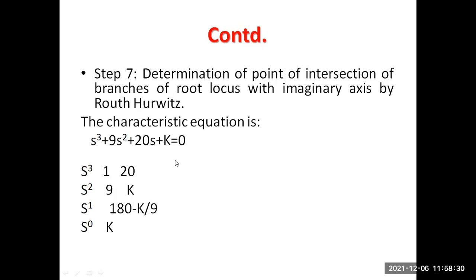What is the value of s? Is it very difficult? We need to solve it. 9s square plus 180 equal to 0.